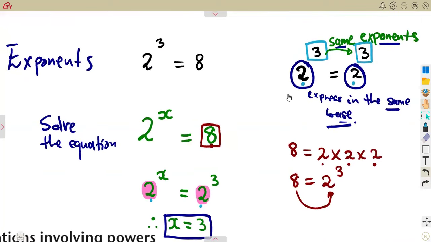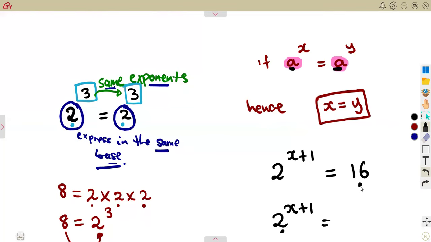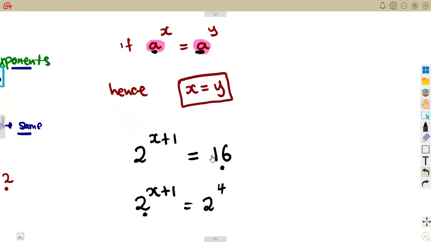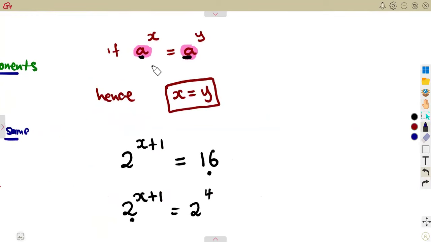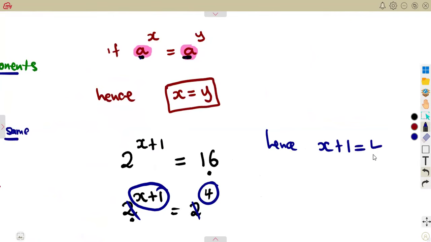This 16 is the same as 2 to the exponent of 4. Once this happens, we can conclude from this concept that the bases here are the same, so these exponents are supposed to be equal. Hence, x plus 1 is supposed to be equal to 4.